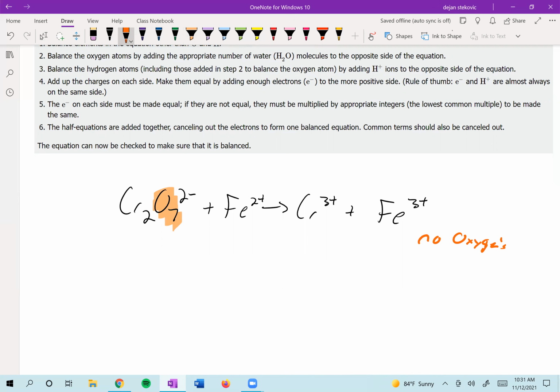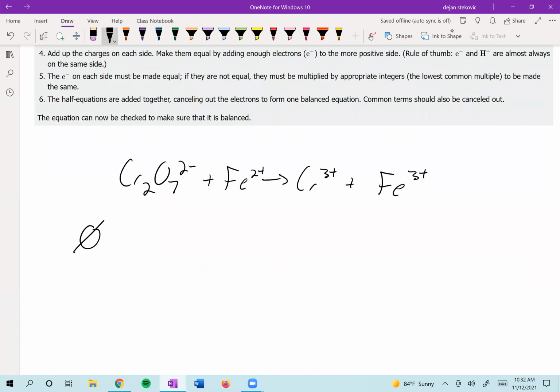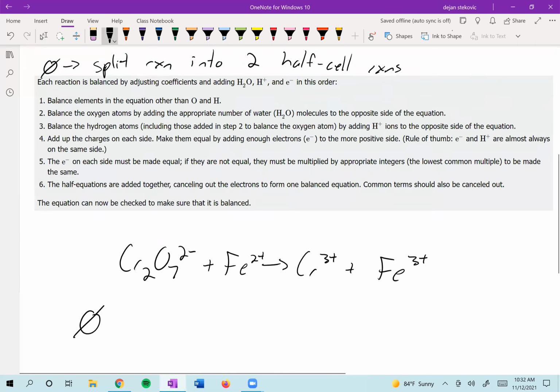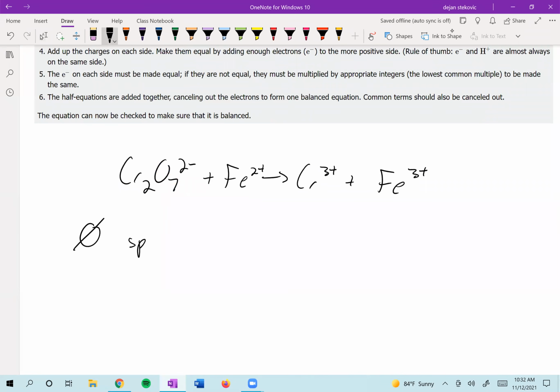If you try to balance this based on how you learned in Chem 101, it's not going to be possible. We don't have oxygens on both sides, so we can't balance it. And so what this means is that these oxygens are coming from the water in the reaction. So anyways, we're at step 0, and that's to split into 2 reactions.